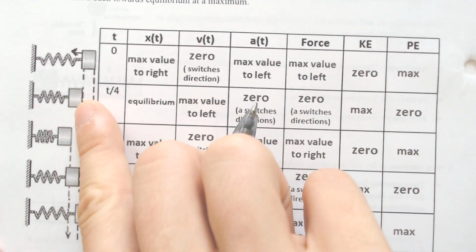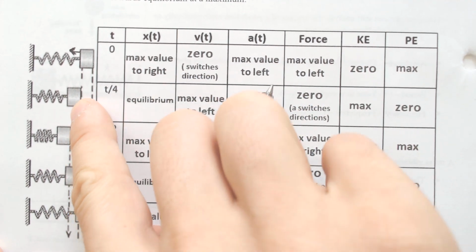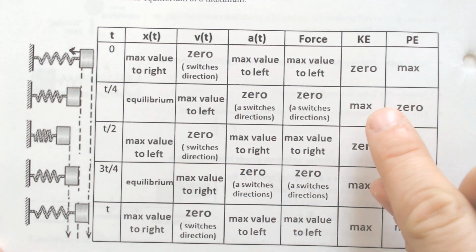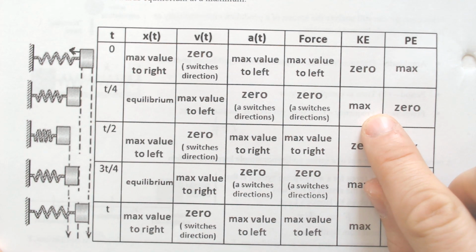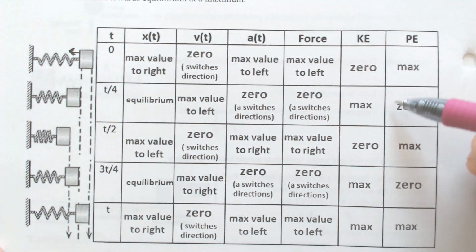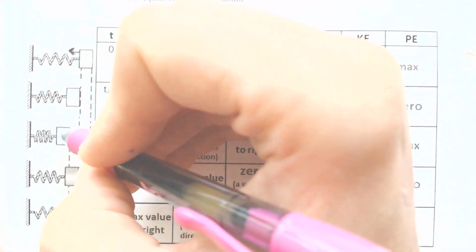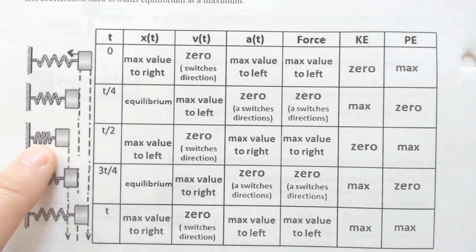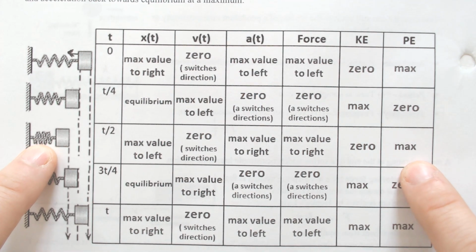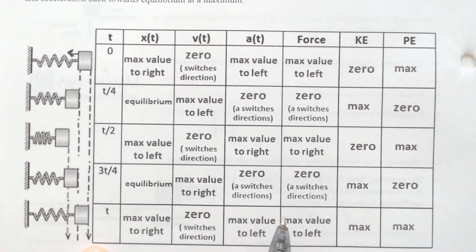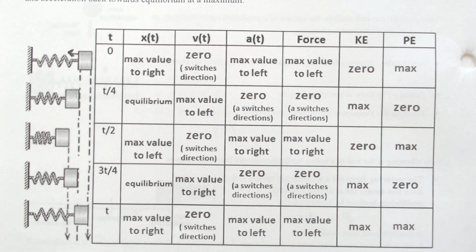Then it gets back to equilibrium right around here, assuming this is the equilibrium spot, and at that point it has its maximum kinetic energy. All of its energy is in the form of kinetic energy. It's as fast as it's going to be, and the potential energy is 0. Then it continues moving to the left, it gets compressed, and all of that energy gets stored up again, its maximum potential energy again, and then it gets released, and then back and forth and back and forth forever.